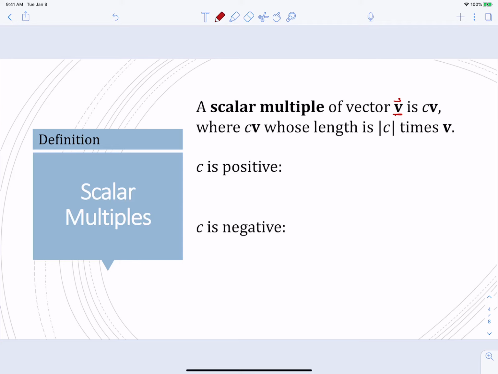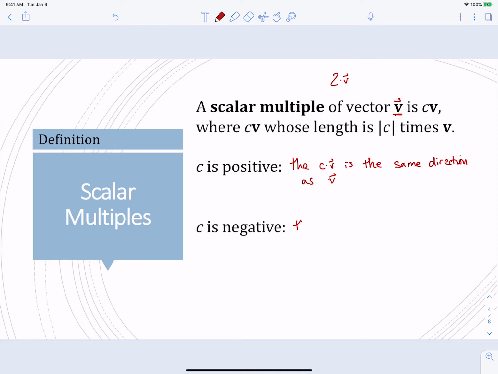So the scalar multiple of vector v is c times v, and the length of c times v is the absolute value of c times the length of v. Just like in the last slide, when we had 2 times our vector v, we got a vector that was twice as long. If c is positive, then c times v is in the same direction as v.